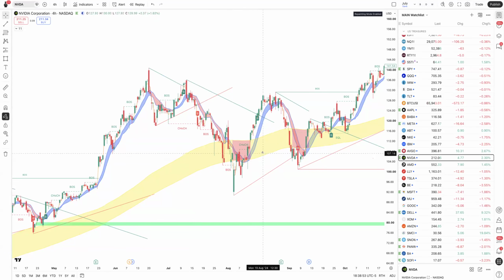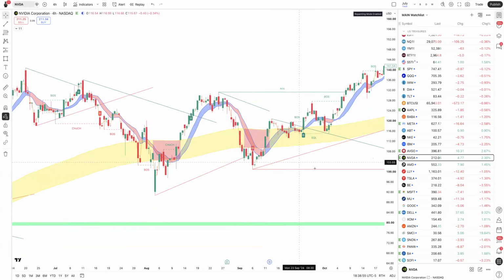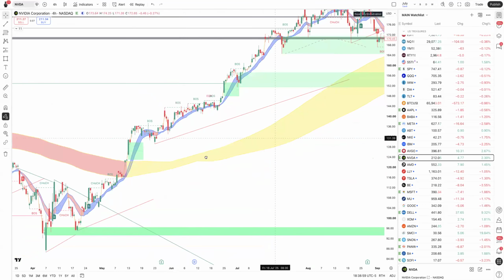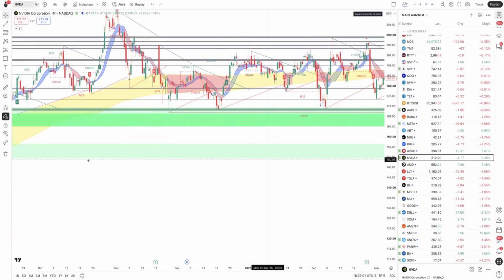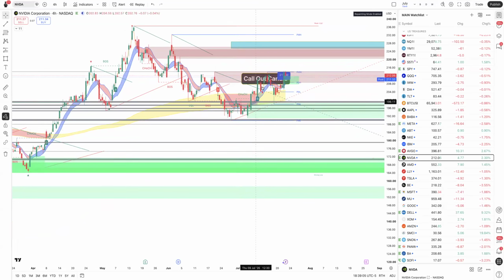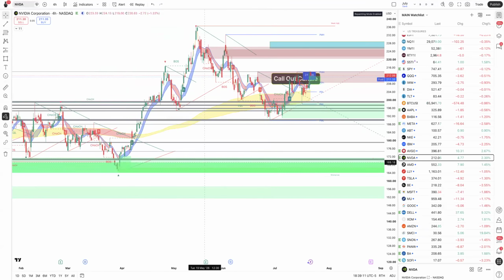When you get yellow and blue, you're in an uptrend. So when you're paying attention to what is the trend, answer that question with your eyes. The trend is bullish, right? Even though we're having these pullbacks to support and things like that, the trend itself is a bullish trend.